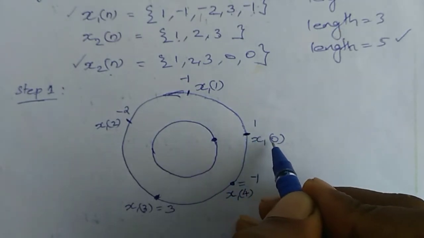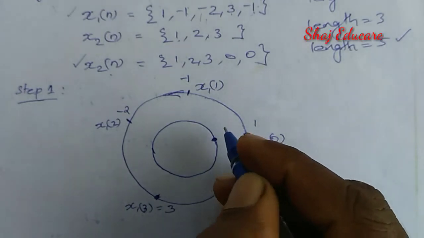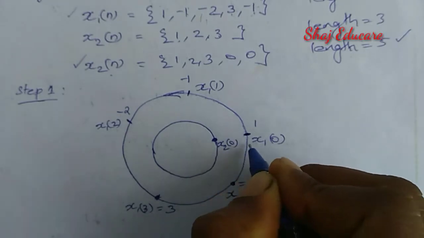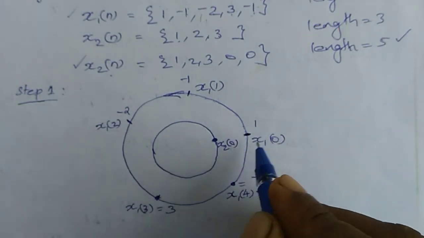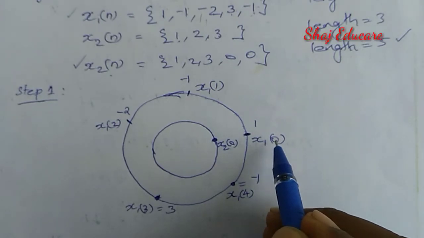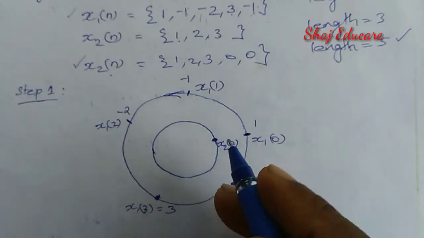Both zeroth elements, x1 of 0 should come together with x2 of 0. The zeroth element in both cases should be along the same line.